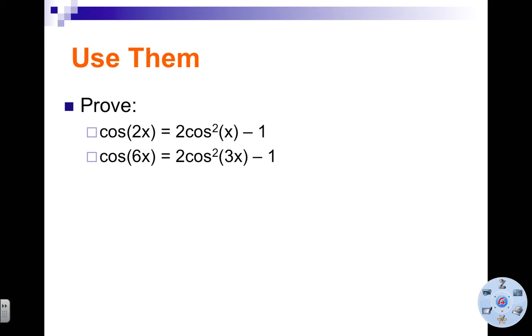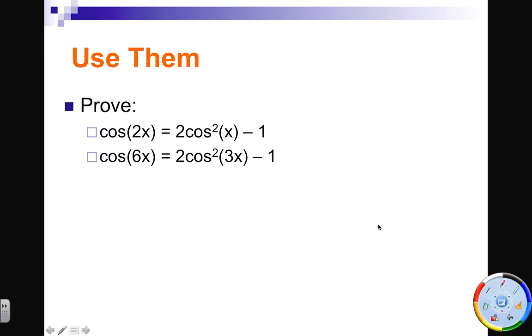What about cosine of 6x? Now, this proof, you don't want to split this up into a whole bunch of sums. Not really, anyway. So what I want to do is actually use the double angle identity for cosine. Well, the double angle identity says if I have the cosine of two somethings, in this case, I can say it's actually 2 times 3x.